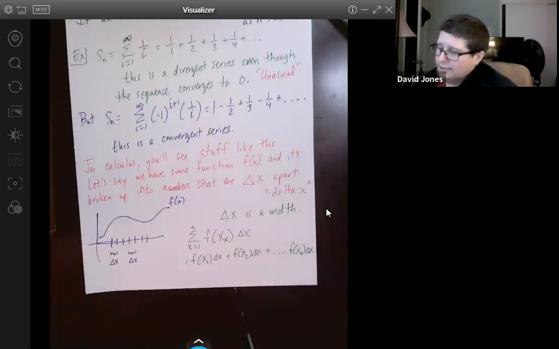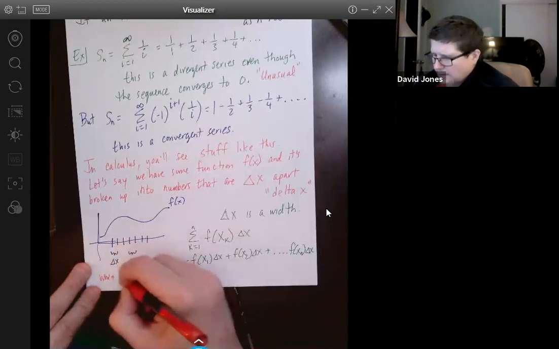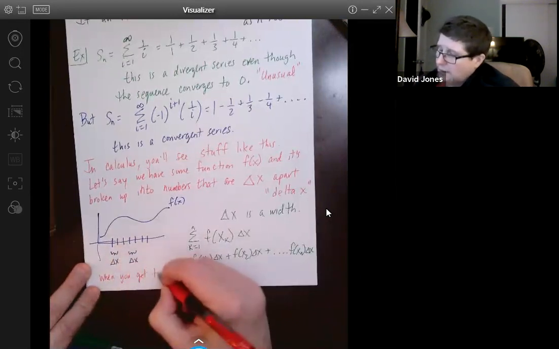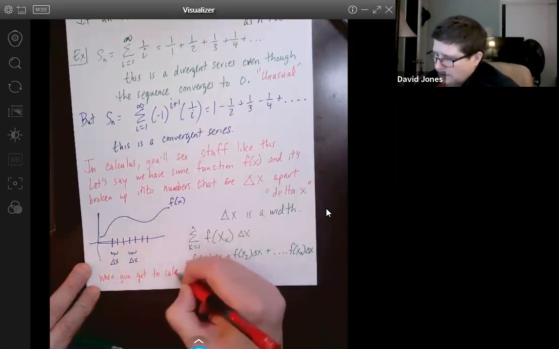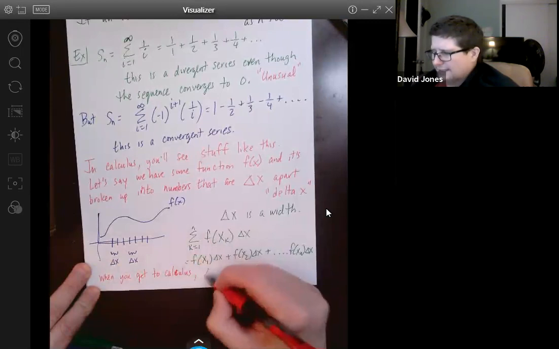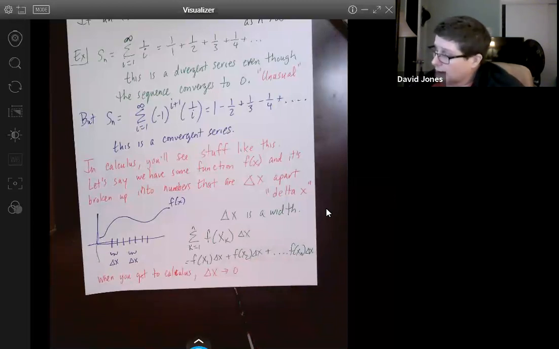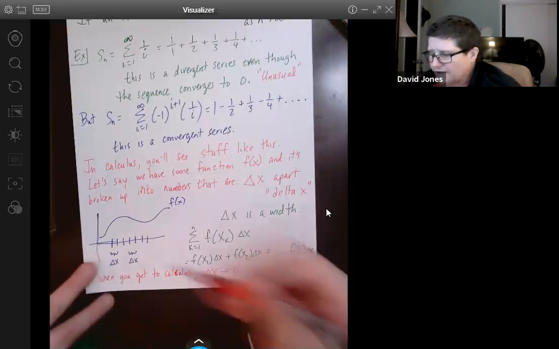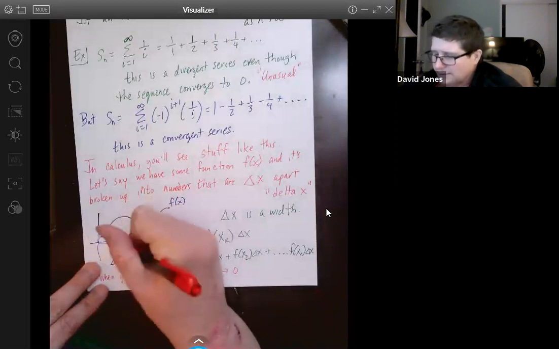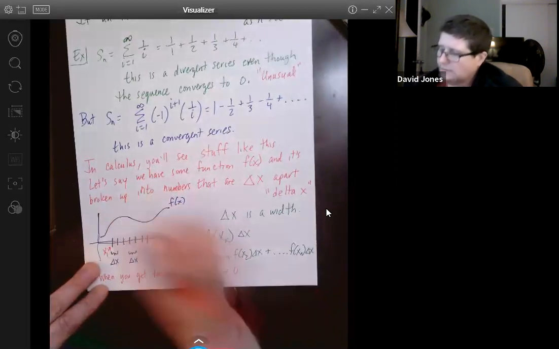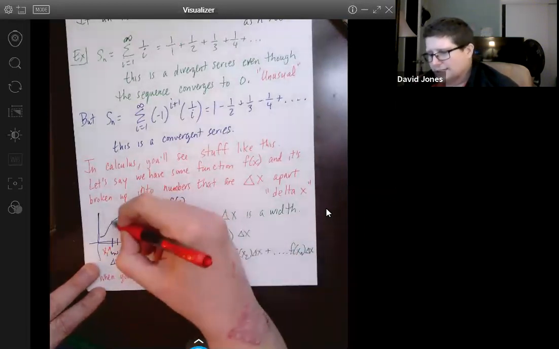And when you get to calculus, delta x is going to go towards 0. We're going to try to make that width narrower and narrower and narrower. And what is each of these things? f of x sub 1, let's say this is x1 right here. f of x sub 1 is this thing right here.